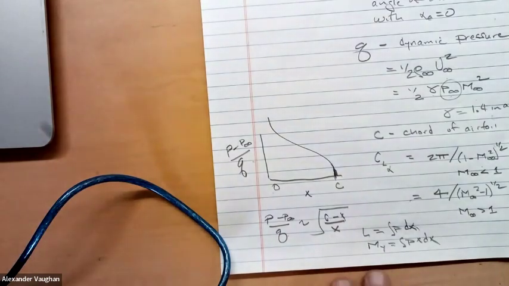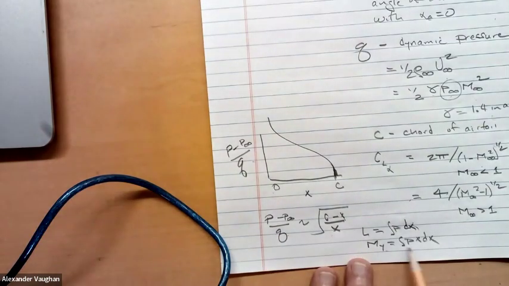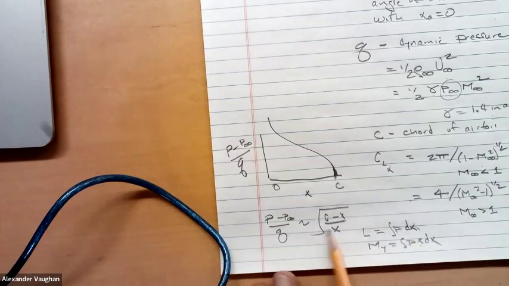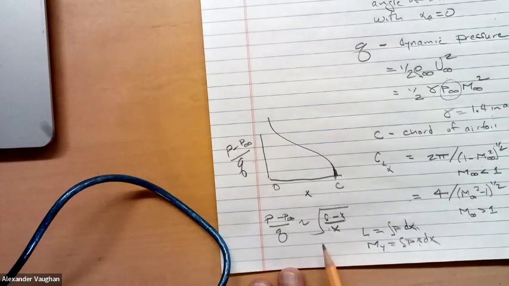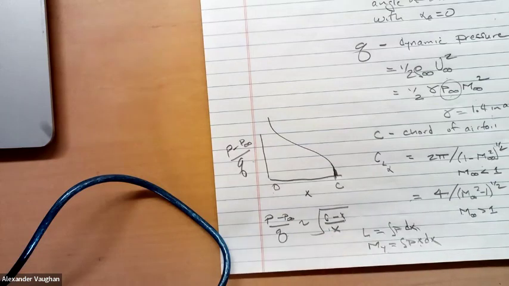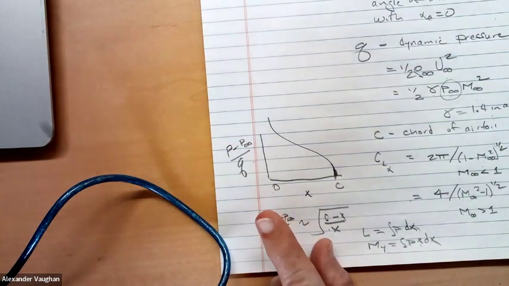Specifically, if I wanted the aerodynamic moment about the aerodynamic center, I would replace x by x minus c over 4 if I'm in subsonic flow, or x minus c over 2 if I'm in supersonic flow. But the point is, when I integrate a square root singularity, I get a finite answer. So the aerodynamic theory gives you a finite answer for the lift and the moment, even though the pressure is weakly going to infinity at the leading edge.